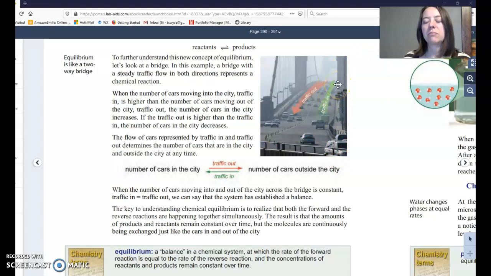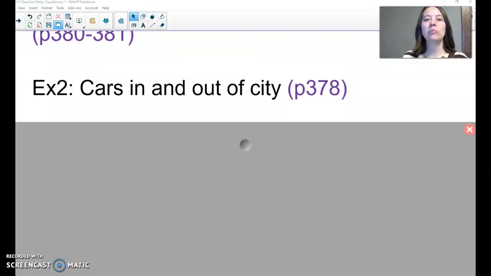Let's just say 1,000 people go in those 1,000 cars, and then 1,000 cars and 1,000 people come out. So there's still 1 million people in the city, but they aren't the exact same 1 million. There has been some going in, some going out, and so the city population is not unchanged.